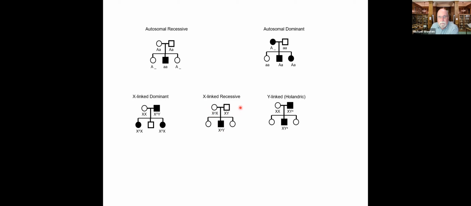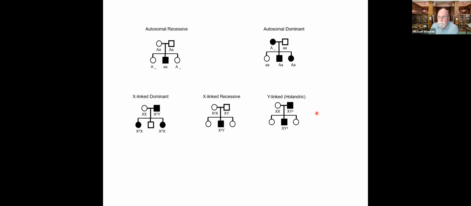Now, you can have an X-linked recessive in the males, like this male right here. You would expect none of his sons to have it. Whether the females would have it would depend on the female he mates with, because it would be recessive. But certainly he's not going to be able to pass it on to his sons.